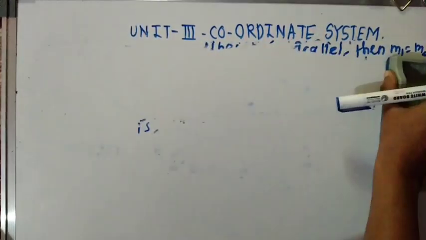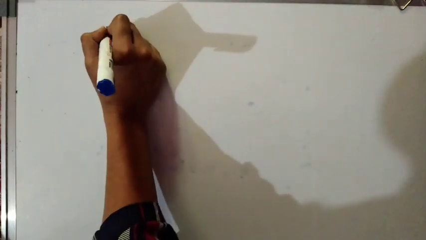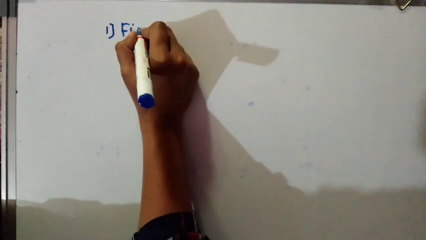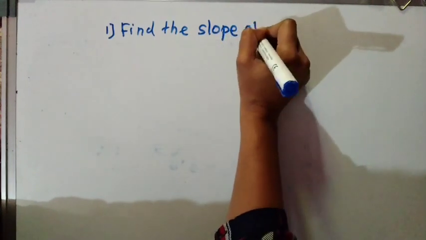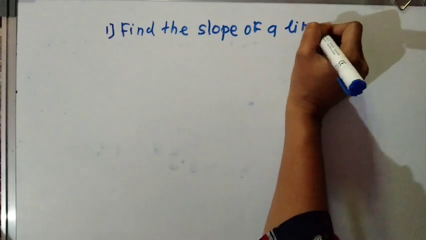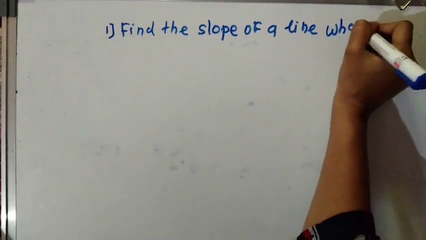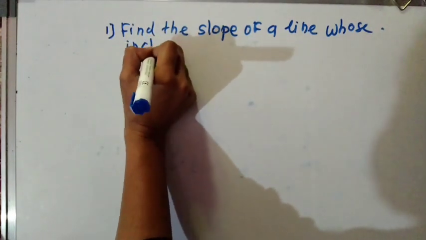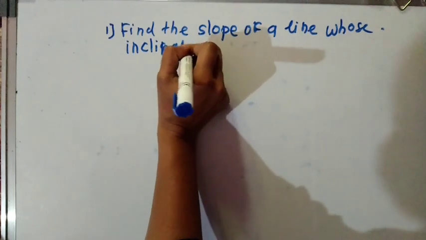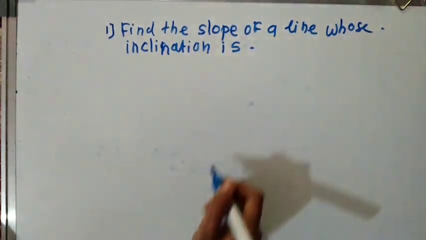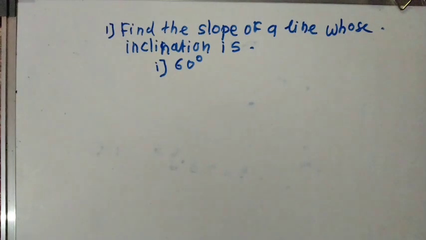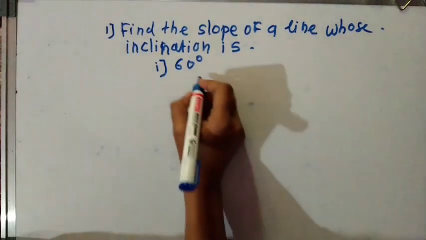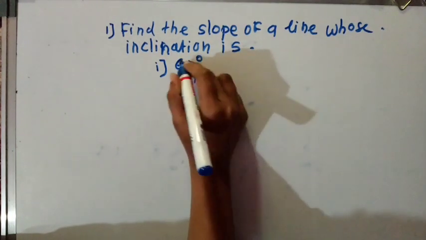Then we give the first example. Find the slope of a line whose inclination is 60 degrees. First, given inclination means theta.